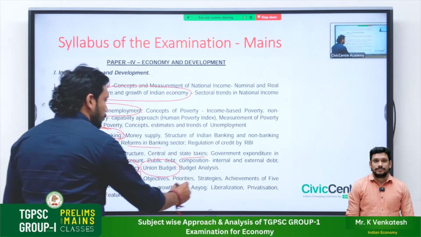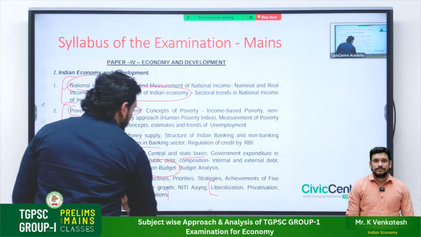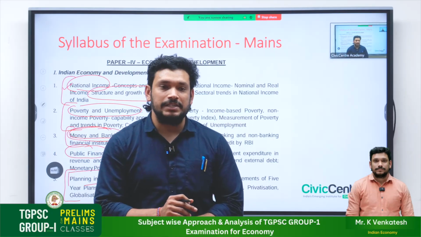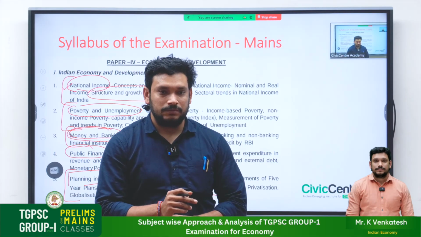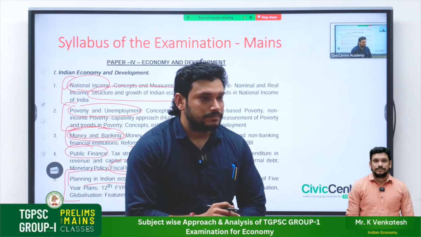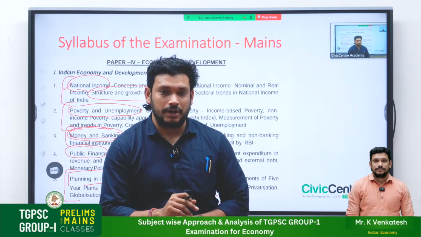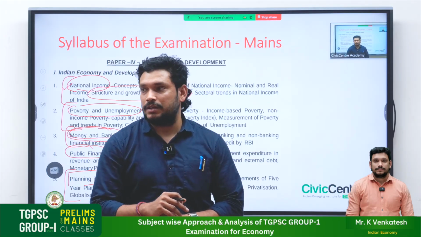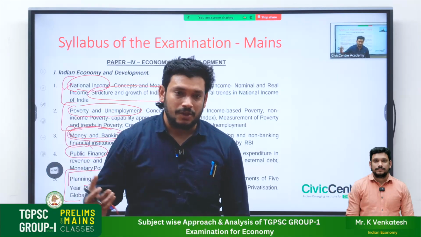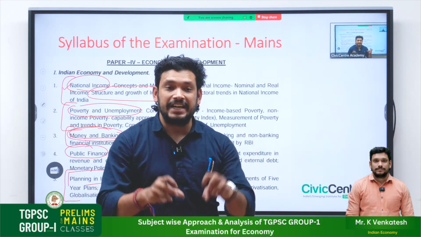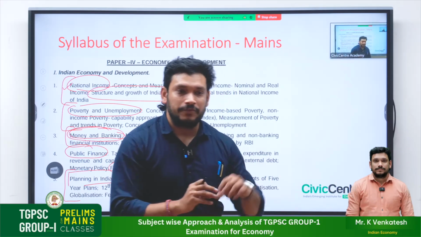Next, LPG reforms. Till 1991, India was a closed economy where it didn't have too much foreign trade. There were more taxes, more import and export duties, which restricted the freedom of trade with different countries.